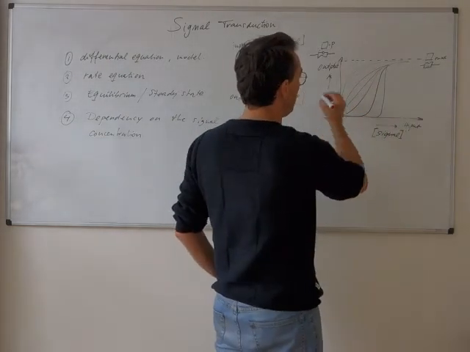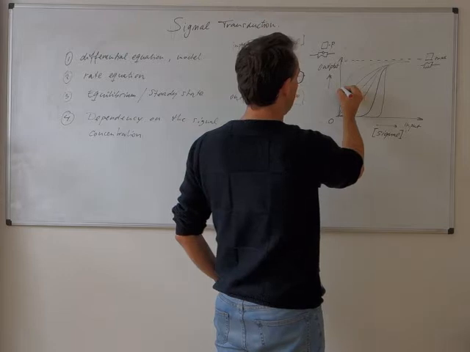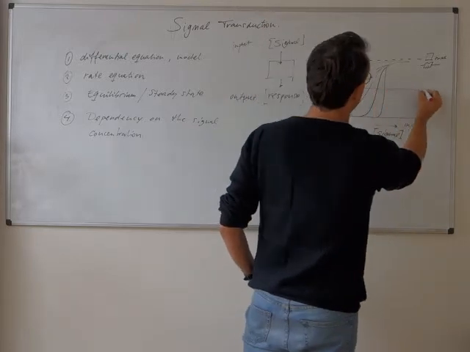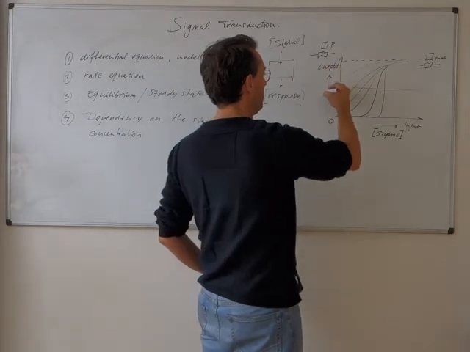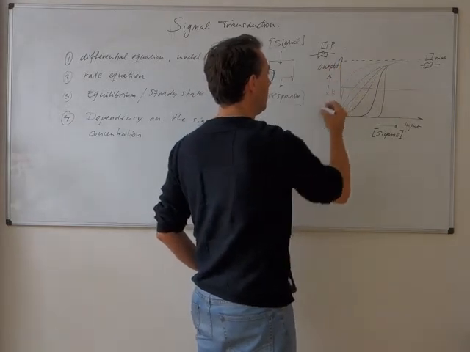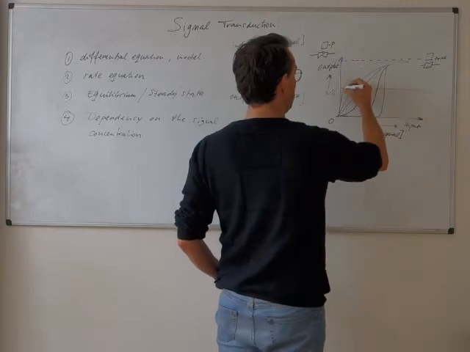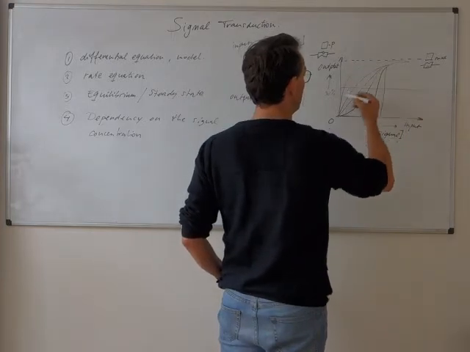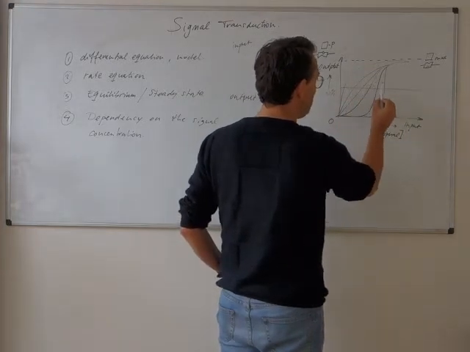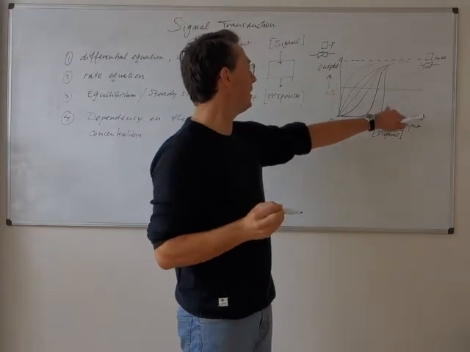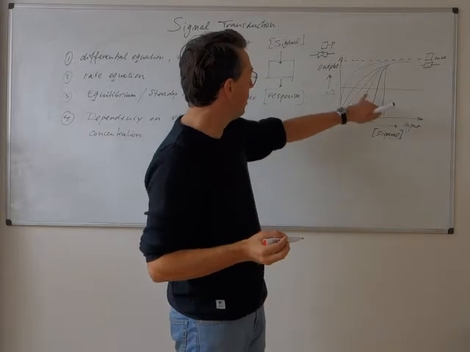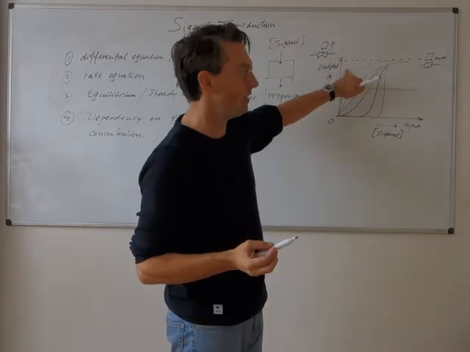If we in all cases look at, say, half maximal activation, so 50% of the max, then what you immediately see is that the curves get steeper and steeper when you go from left to right. So this is a mechanism that is highly sensitive to the signal, whereas this mechanism is a lot less sensitive to the signal.